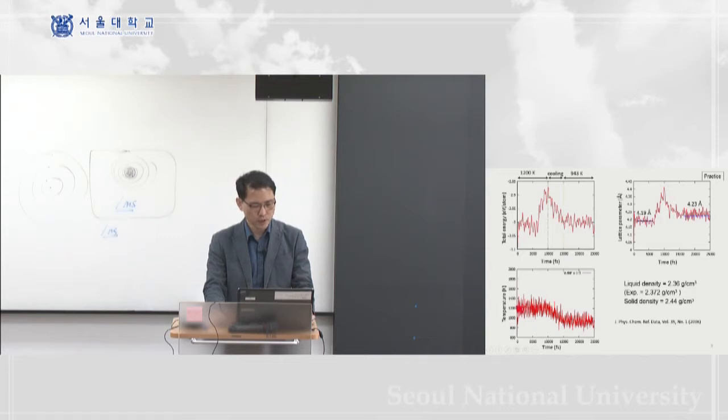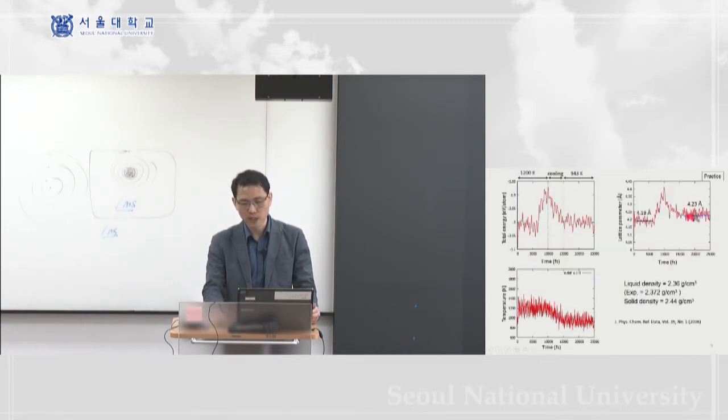All right, and also you can see that this is the temperature of the Nosé-Hoover thermostat. On average it is 1200 Kelvin, and it starts to cool down. All right, and then finally you are reaching 943 Kelvin. And this is the lattice parameter. Since at the high temperature you have an increase of your lattice parameter, and it's cooling down, now finally you have this liquid simulation.